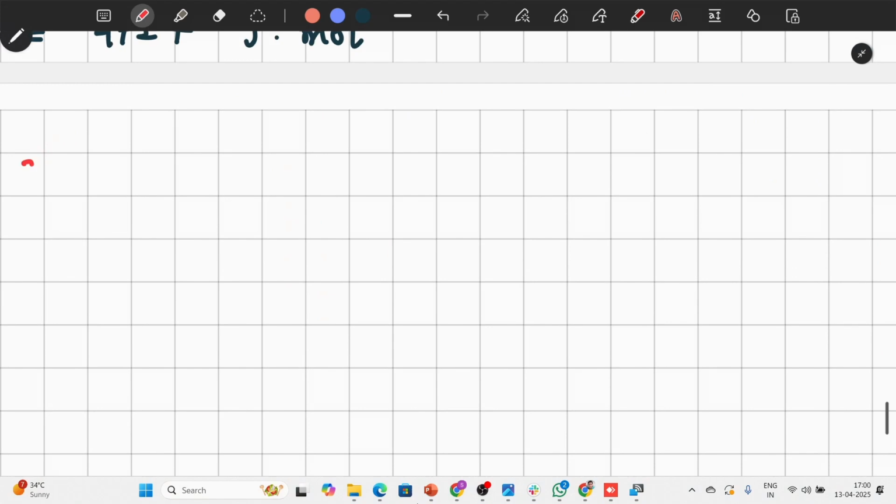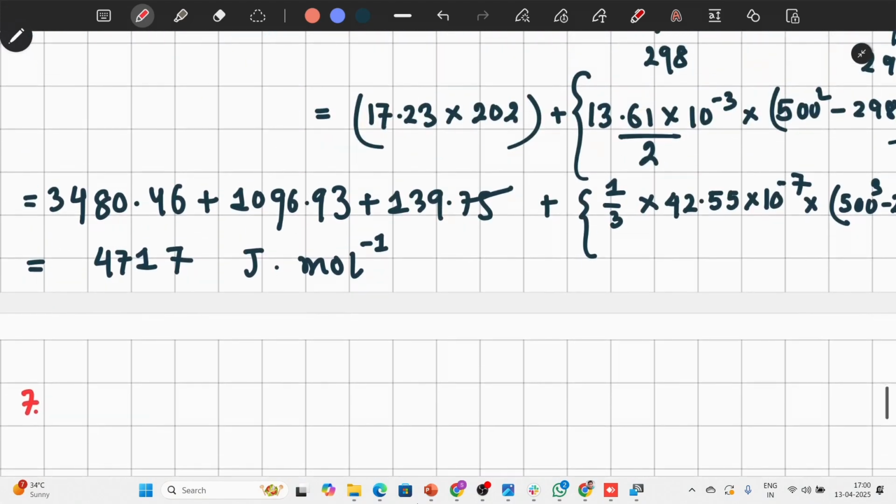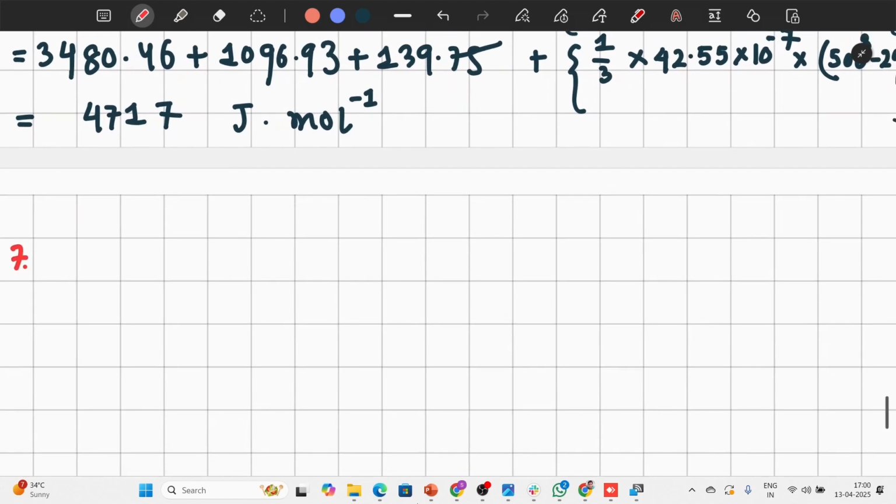Four seven one 6.7. No, I get 17.14. Okay, that may be due to some fraction we are adding now. That's okay.